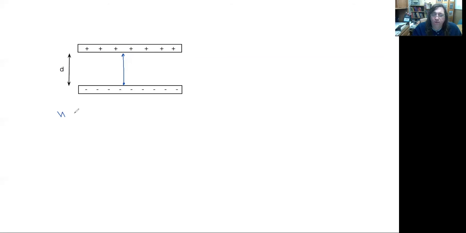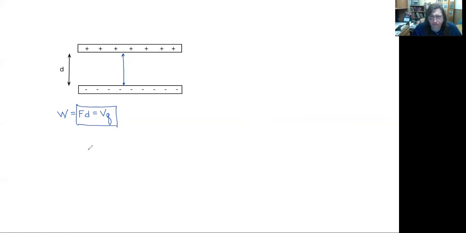And we've defined that the work being done, we know that work is equal to force times distance. And we also know that from the previous example, it equals V times Q. So I want to look at these two pieces here. We know they're equal to each other, and I'm looking for a relationship.